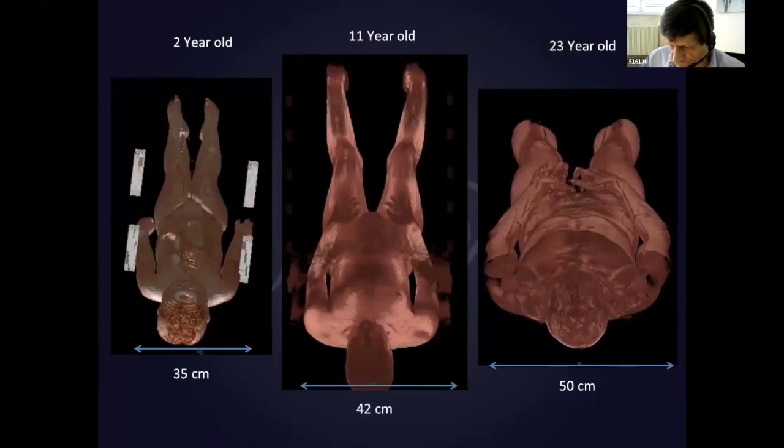The radiologist has to adapt the protocol to the size of the patient. Here are some examples: a 2-year-old, an 11-year-old, a 23-year-old. What is important is the placement of the upper limbs in the field of view in order to detect all changes in the upper limb.